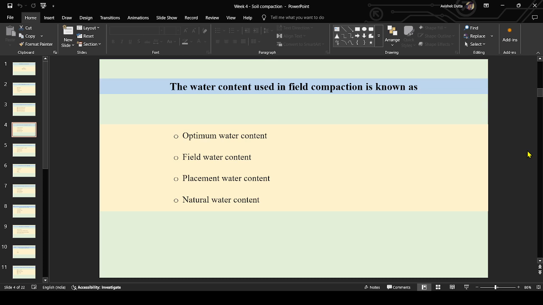The question was, the water content used in field compaction is known as. The options are optimum water content, field water content, placement water content, or natural water content.